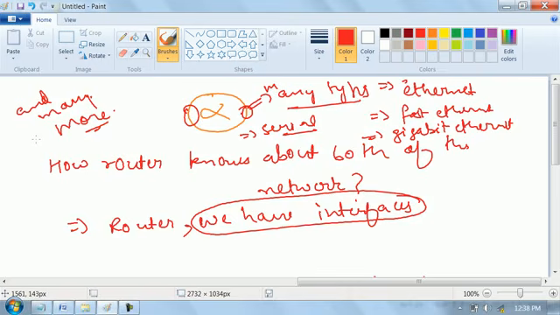Today, our concern is not to know about the type of interfaces. We are here to learn the working of the router. What I am telling you, like in a gallery we have doors and every door has its number. On a router we have interfaces. Every interface has its own number. This thing is clear? Okay.